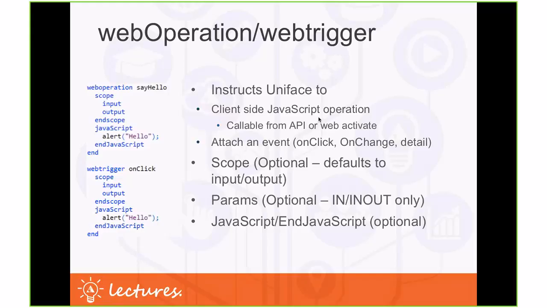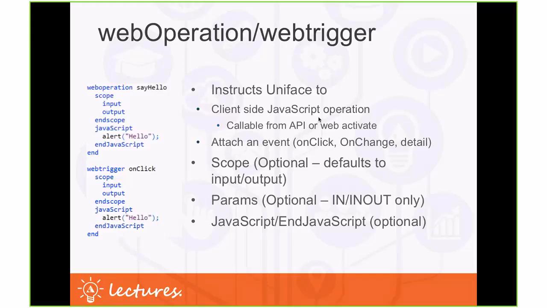There is also the optional JavaScript block. Okay, so if there is JavaScript in a JavaScript block, then it will be compiled into Uniface's DSP.js file, or the component's DSP.js file, and will be included with the page, or the fragment of the page. If you don't include it, then you have to include the JavaScript which you're going to be using manually within the application.